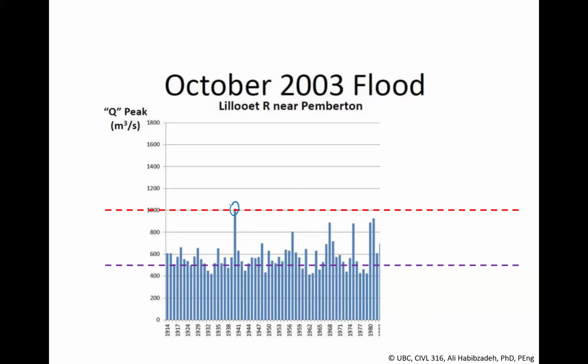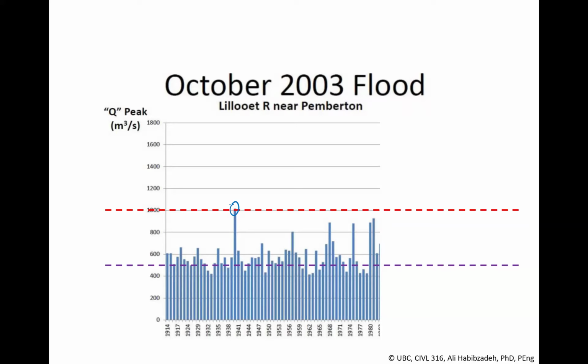This is real data. We might say, if I'm building a bridge now in the year 2000, and I design it for 1800 CMS, which is the largest flow ever in this river, which happened in the 1940s or so, I should be okay. That looks like it, right?